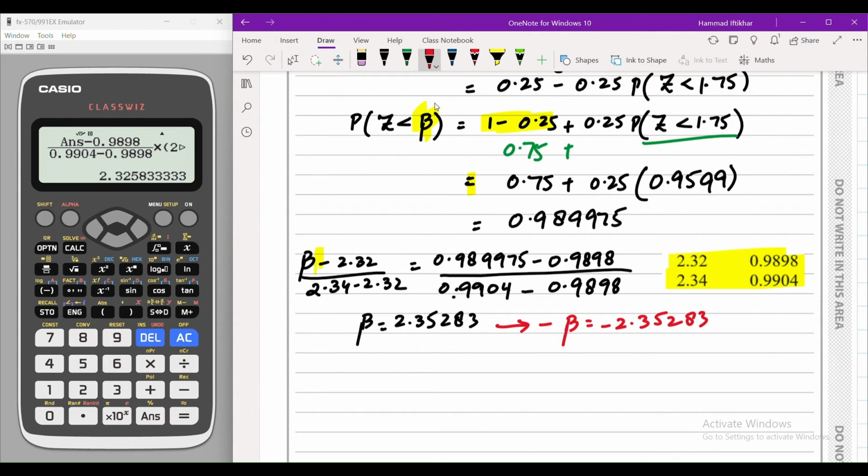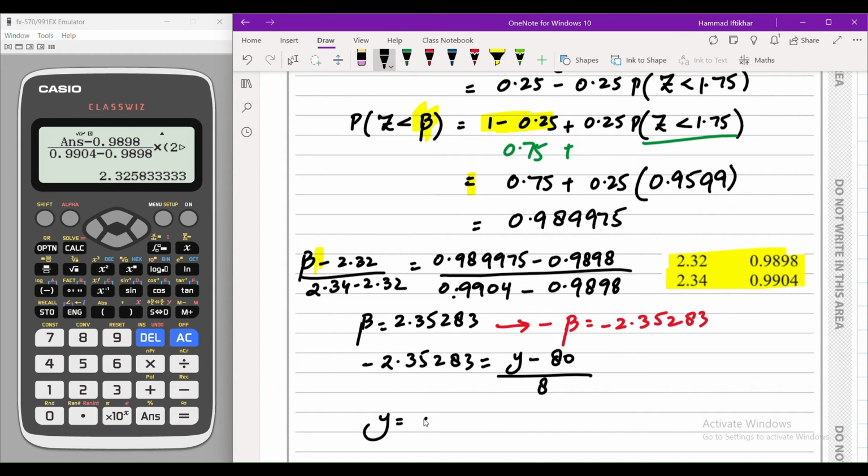Okay, so let's go to the original value. Let's find the original value from the original variable. We had 80 as the mean, sigma was 8. So minus 2.35283 equals y minus 80 divided by 8. So now let's find out the y.